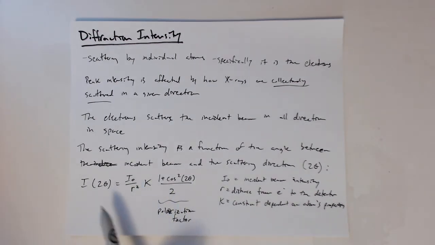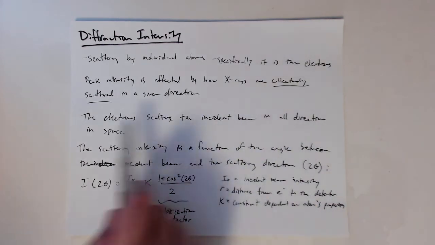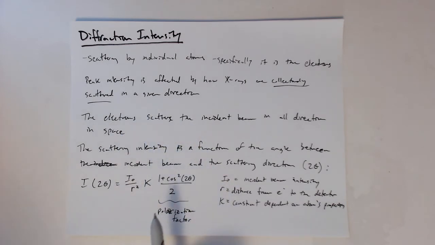All right, so this equation shows us the intensity of the scattered beam interacting with a single electron. So obviously we care not just about one atom, but that collective scattering that we talked about. And the collective scattering isn't just a simple sum of all these intensities from all the electrons in the atom, as you might sort of expect. Because we're dealing with scattering or diffraction, we're dealing with constructive and destructive interference.